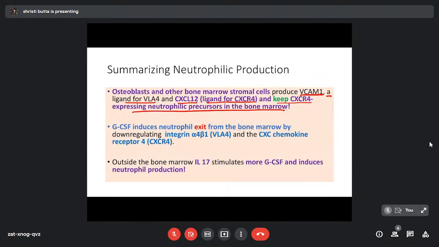Because they are retained by the bone marrow, the progenitors do not appear in the peripheral blood. GCSF induces neutrophil exit from the bone marrow by downregulating the integrin VLA4 and CXCR4. Outside the bone marrow, interleukin 17 is responsible for neutrophil production.